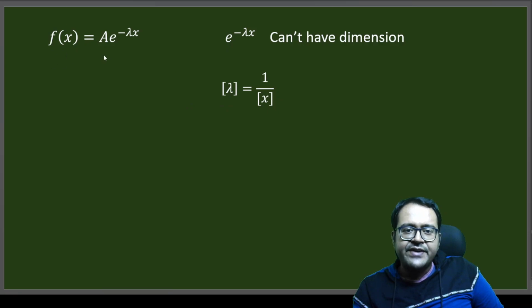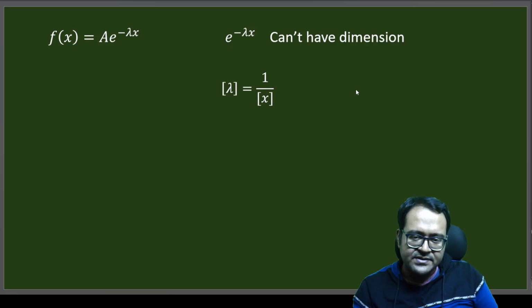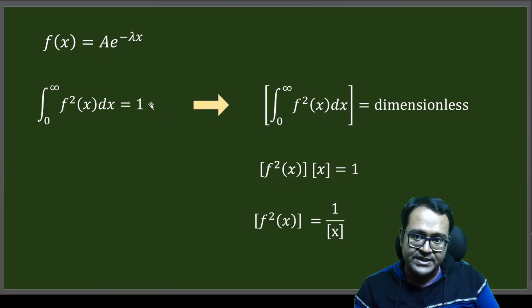So if your f(x) is A e to the power minus lambda x, your e to the power lambda x cannot have any dimension, so the dimension of lambda is 1 by x, not a problem. And if the integral of f square dx is 1, the right hand side doesn't have a dimension, so the dimension of f square dx overall should be dimensionless, because on the right hand side you just have a constant.